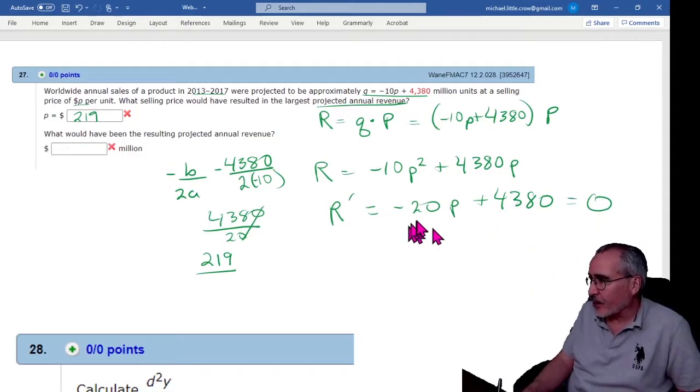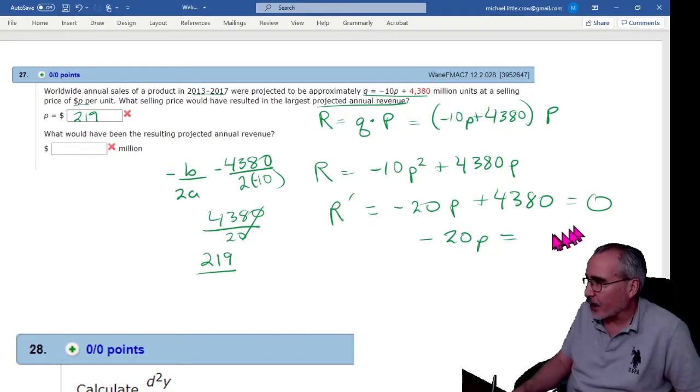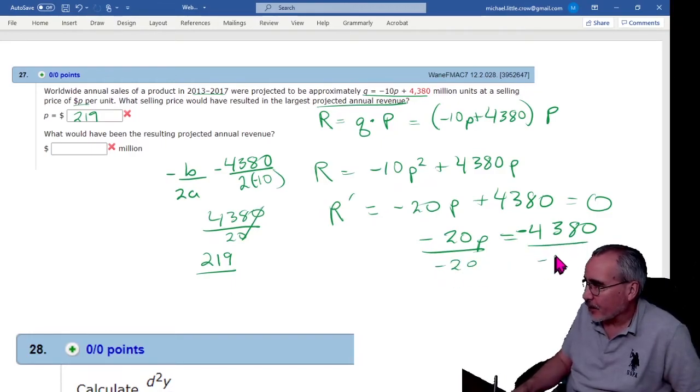And again, what I do is I bring the negative over. So minus 20P, I just make it look more like the other one that we have, 4380. So there's the minus b divided by 2 times a, right? That's where that 20 came from. So again, we get P equals 219.